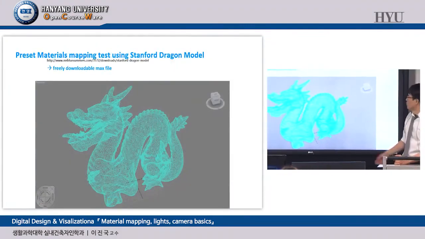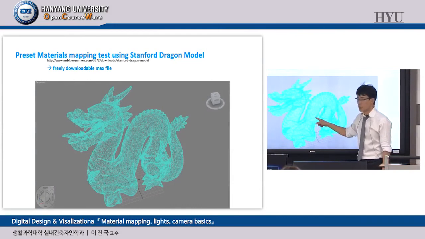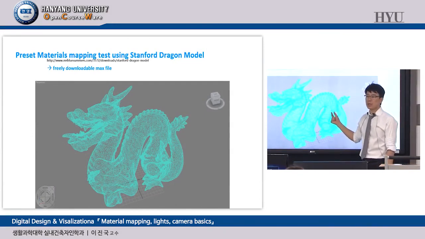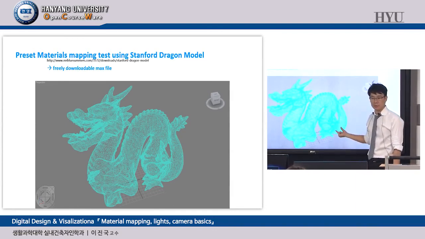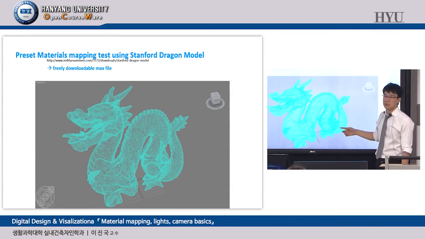Okay, take a look at this geometry. This one has a number of triangular shapes, so-called surfaces, okay? A surface-based geometric model, surface-based 3D, and this is a very famous geometry. It's the Stanford Dragon. This is today's lab exercise number 2, okay?